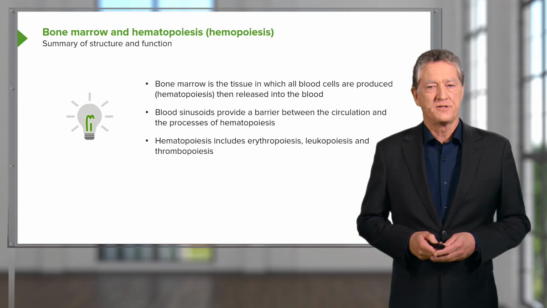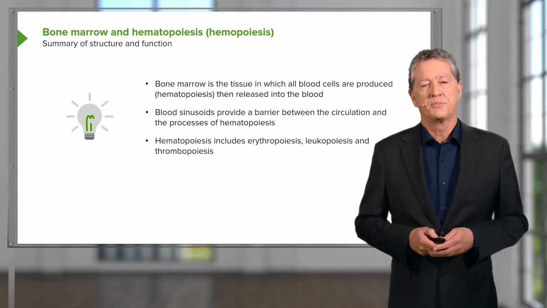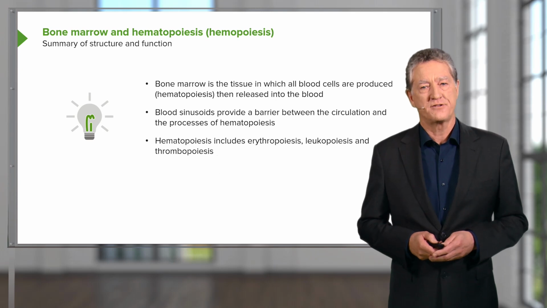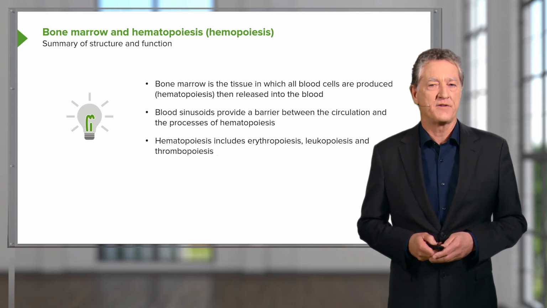Blood sinusoids, or blood capillaries, special vessels in the bone marrow, are very important to maintain a barrier between the circulation containing normal blood cells and all the cells that are undergoing all their training and development.